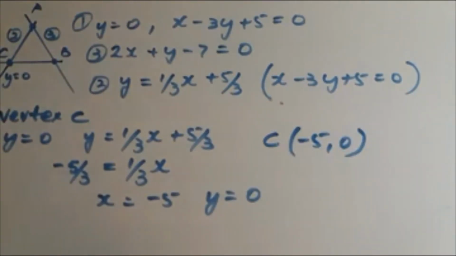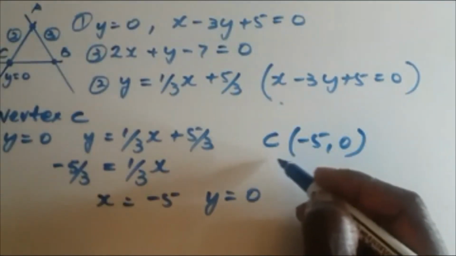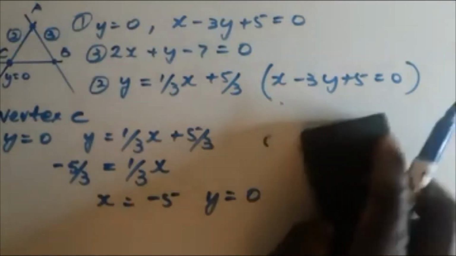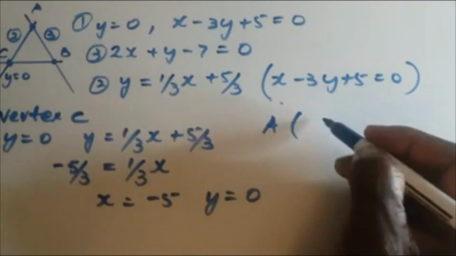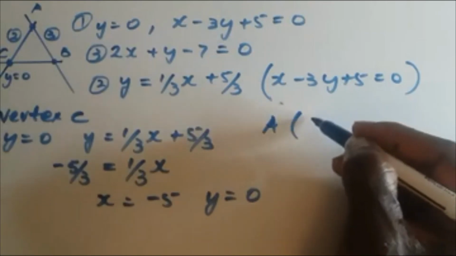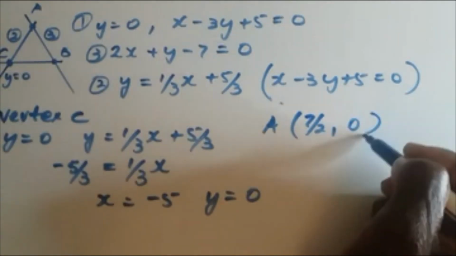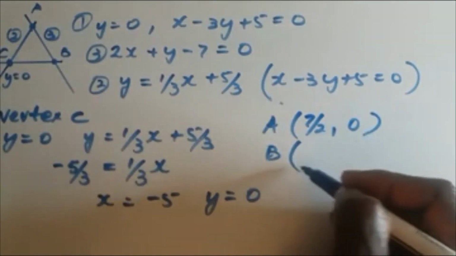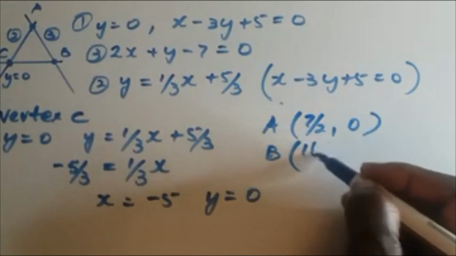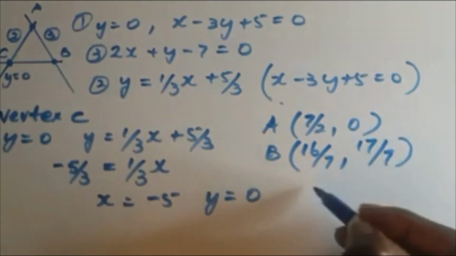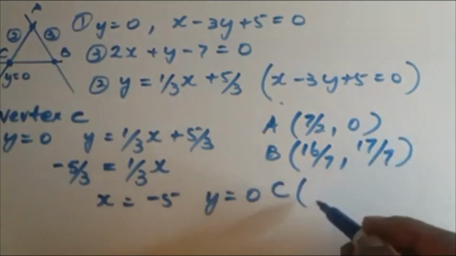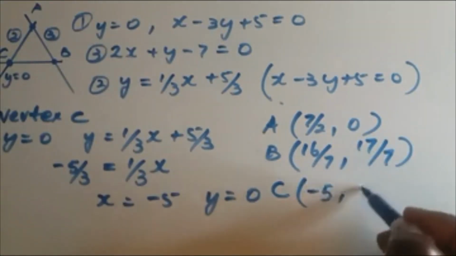So just to summarize, we have A is at 7 over 2 and 0, B is at 16 over 7 and 17 over 7, and C is at minus 5, 0.